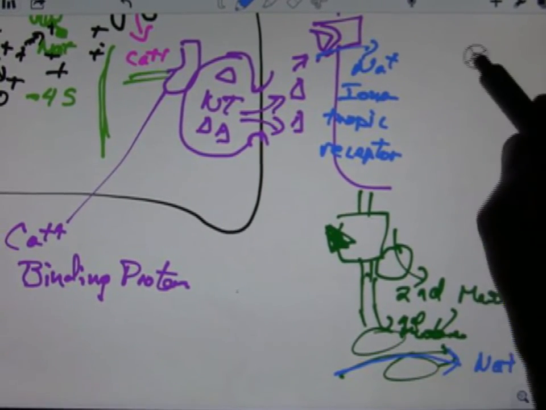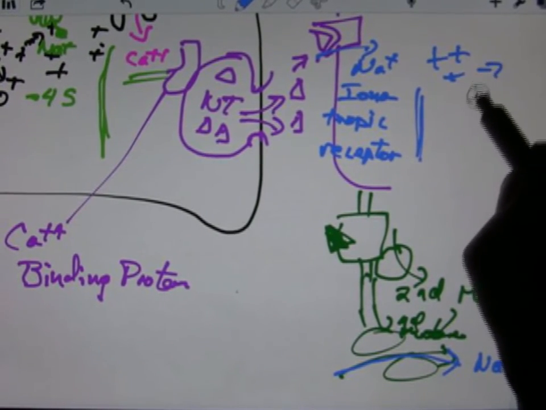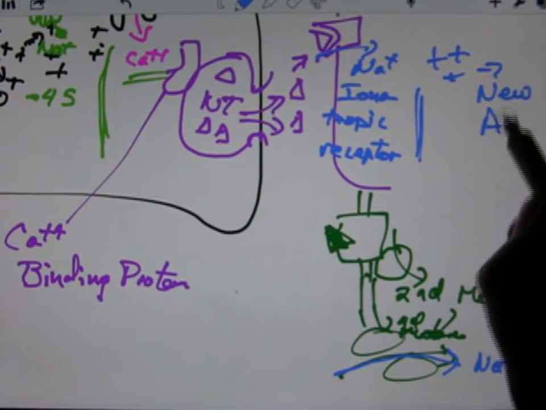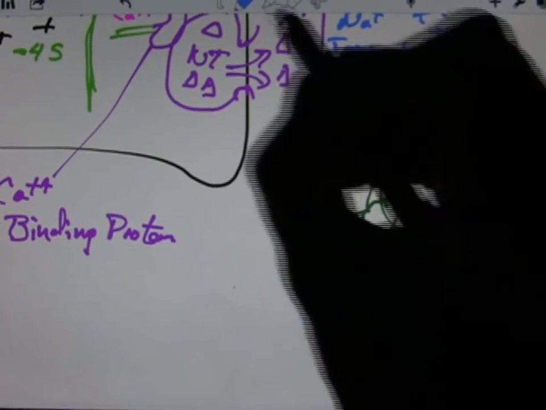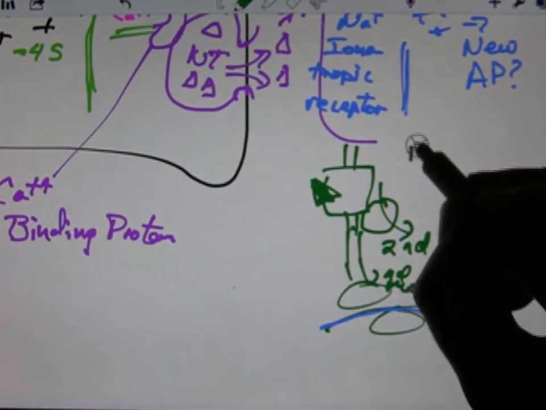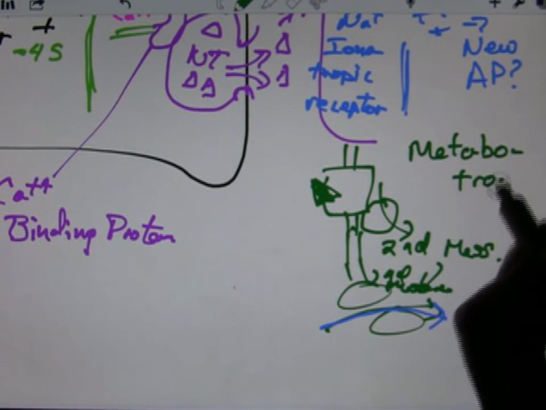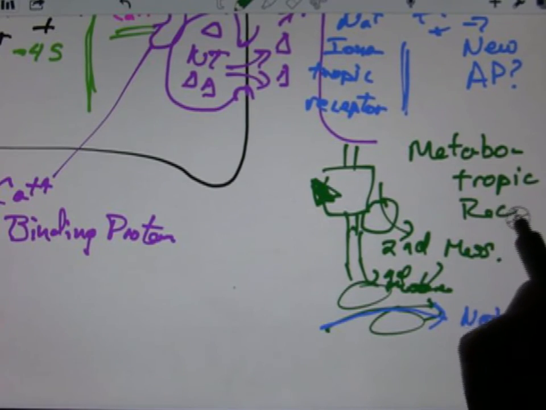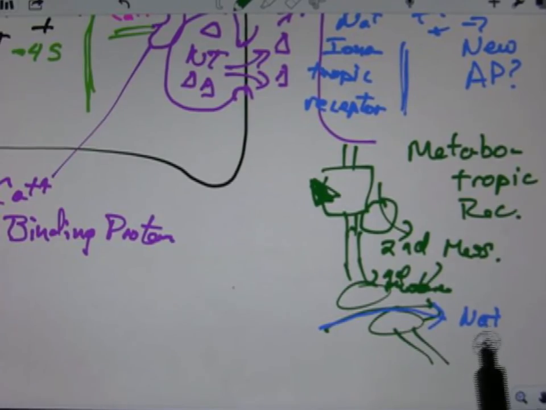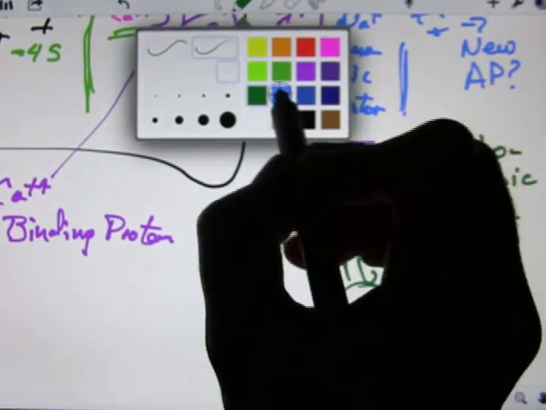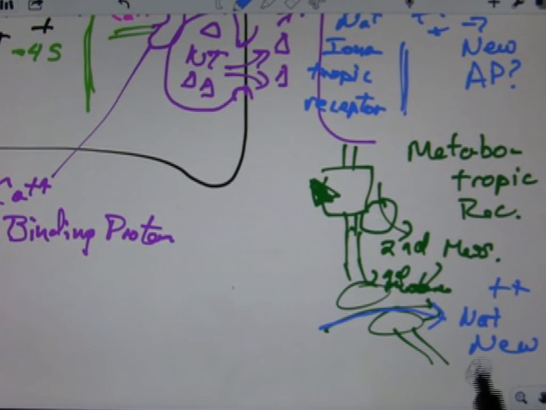So in both cases, with an ionotropic receptor, you get positive charge in, which can start a new AP, a new action potential, if there's enough coming in, or with a metabotropic receptor, you have ion channels opening, bringing in sodium, and again, if there's enough, a new action potential in the next cell.